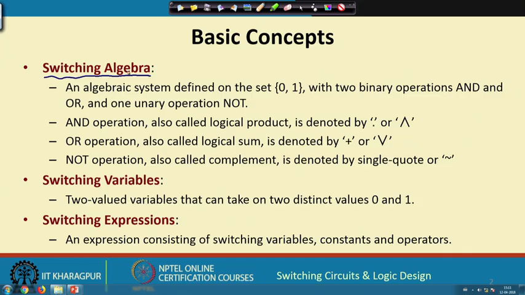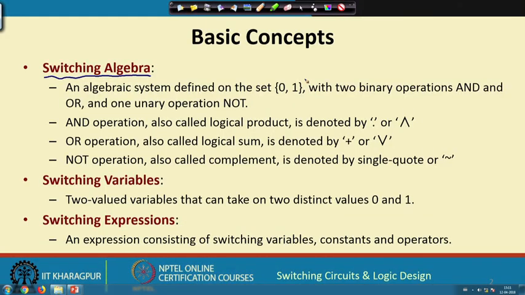Switching algebra is a mathematical formalism which we are using to express or represent the functionalities of digital circuits, gates, binary inputs and outputs 0 1. This is what we refer to as switching algebra.